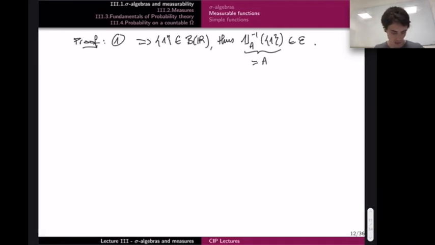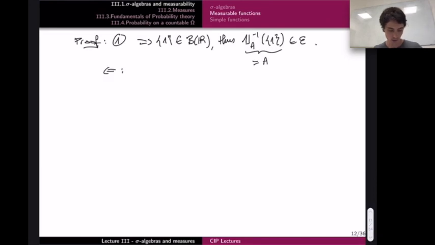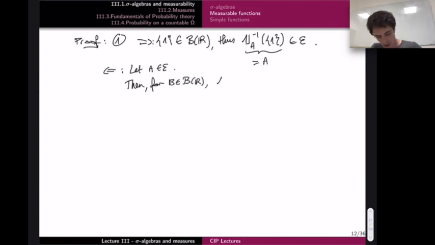Now for the converse implication, I will assume that A is a measurable set. Then I will evaluate the preimage by the indicator, the preimage of any Borel set, of 1_A. So for B a Borel set of R, 1_A^{-1} of B is equal to, I will consider several cases.